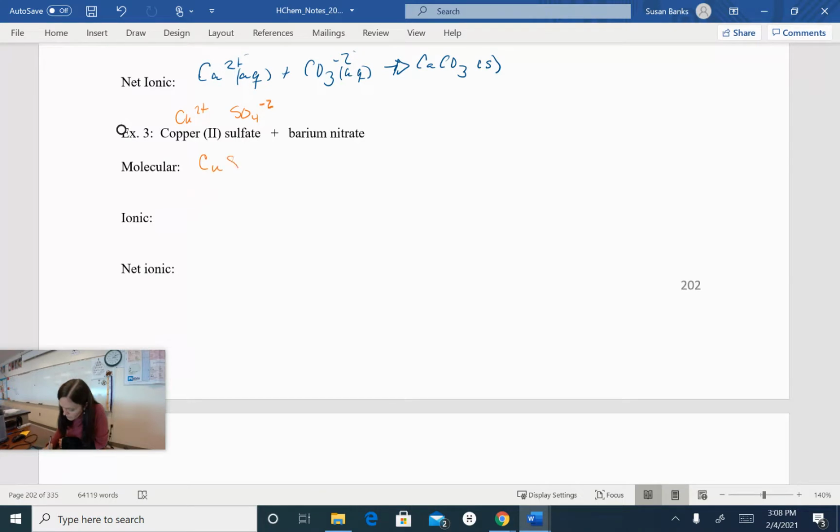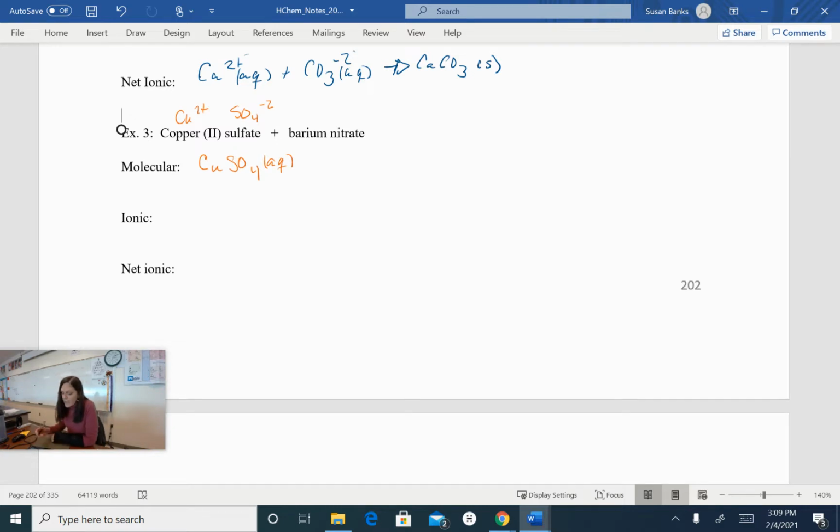So copper 2 sulfate. Now, what's our rule? Look at the sulfate rule. Sulfates are soluble except for silver, mercury, lead, calcium, strontium, or barium. Copper is not any of those, so we would expect it to be aqueous.